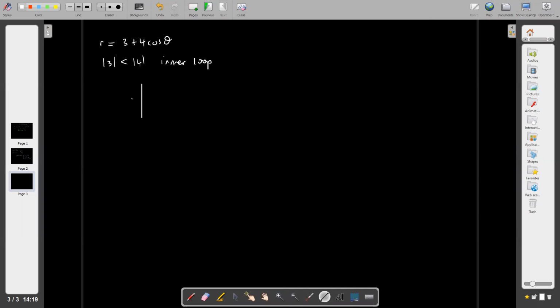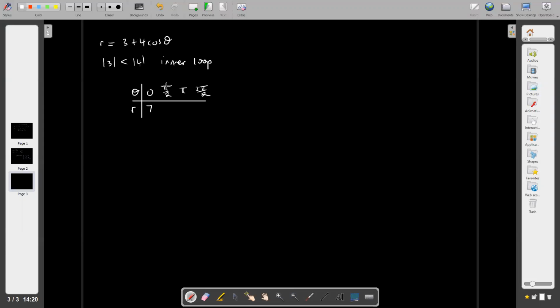So in a quick table, the only values you need are 0, pi on 2, pi, and 3 pi on 2. When theta is 0, cos is 1, so this becomes 7.